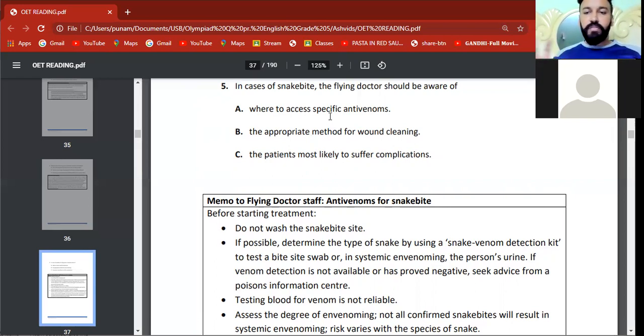Cleaning and washing is not the same. In the same way, accessing antivenom is physical, like getting it, obtaining it, and advice is completely different. So do not be in a rush to strike that out as well.